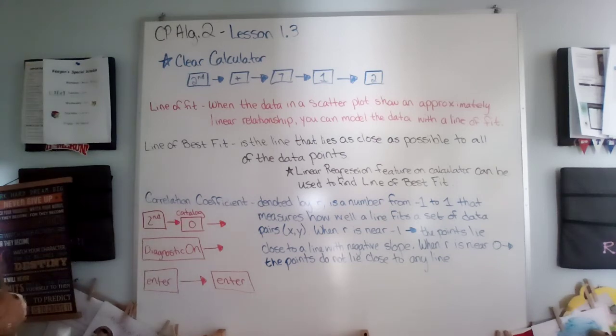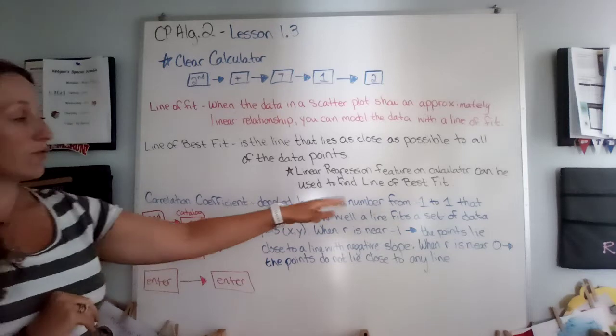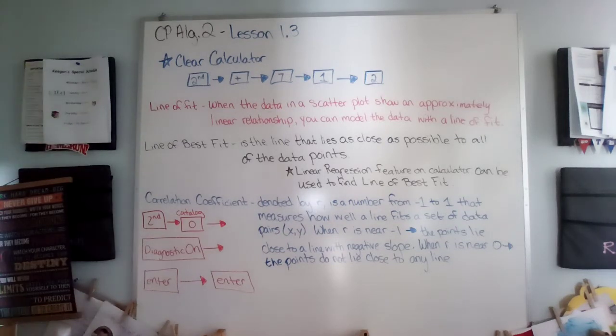Correlation coefficient, denoted by an R. So when we are using our calculator, you'll see R equals, okay? And it's going to be a number between -1 and 1. And that measures how well a line of fit sits with the data, okay?